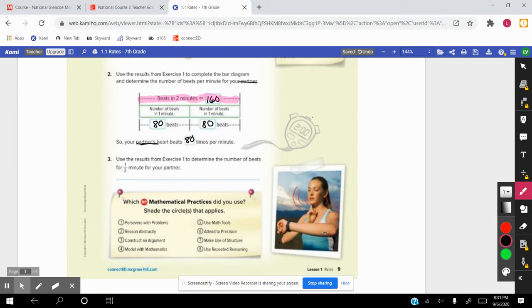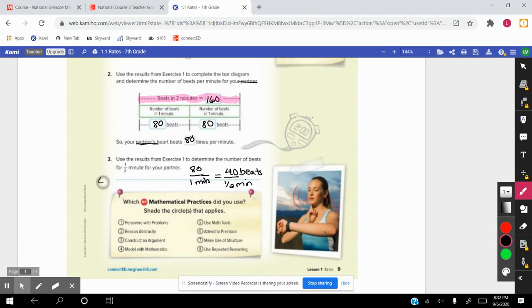For step number 3, use the results from exercise 1 to determine the number of beats for half a minute for your partner. Well, if I know that 2 minutes is 160 beats, and I use my information from the second exercise that 1 minute is 80 beats, half a minute should be half of 1 minute. If it is 80 beats per 1 minute, then to get half a minute, I should just take half of 80, which is 40.